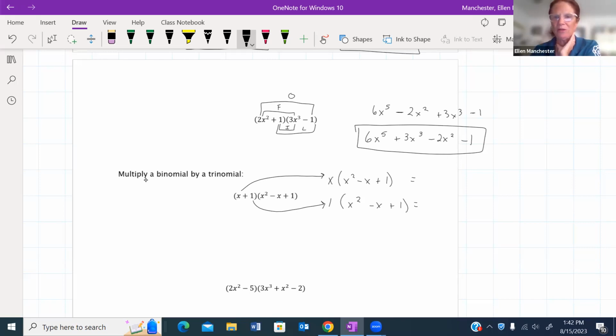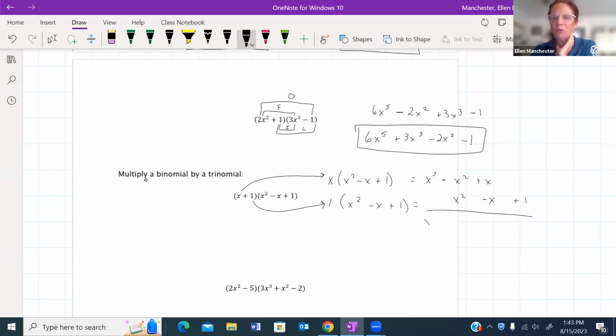All right, here we go. X times x squared is x cubed. X times -x is -x squared. X times 1 is just x. Okay, so now I can put it in the correct column. 1 times x squared is x squared. 1 times -x is -x. And 1 times 1 is 1.